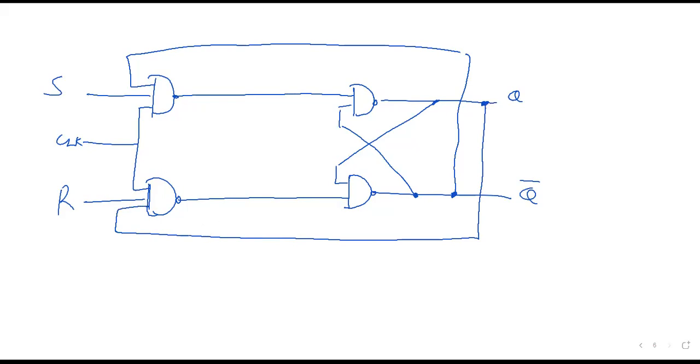And now the S and R are no longer S and R, they are J and K. And voila, we have the JK flip-flop. With this feedback, we have eliminated the race condition and we have replaced it with the toggle effect.